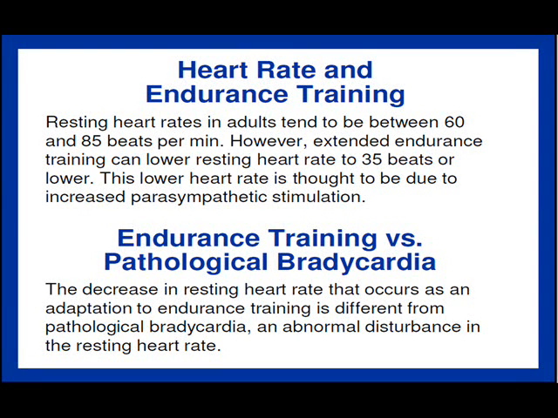Due to probably very, very much increased parasympathetic stimulation. Okay. Pathological bradycardia, so that's with endurance training, with pathological bradycardia is a heart rate less than 60 beats per minute. Okay? That's a problem.